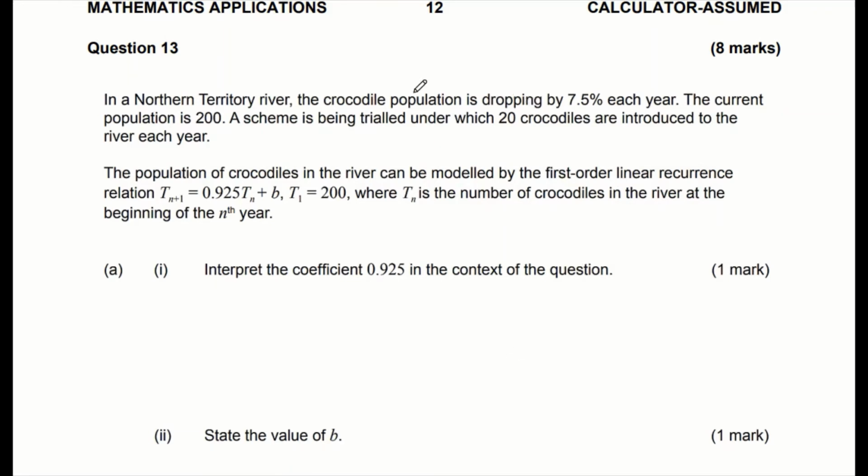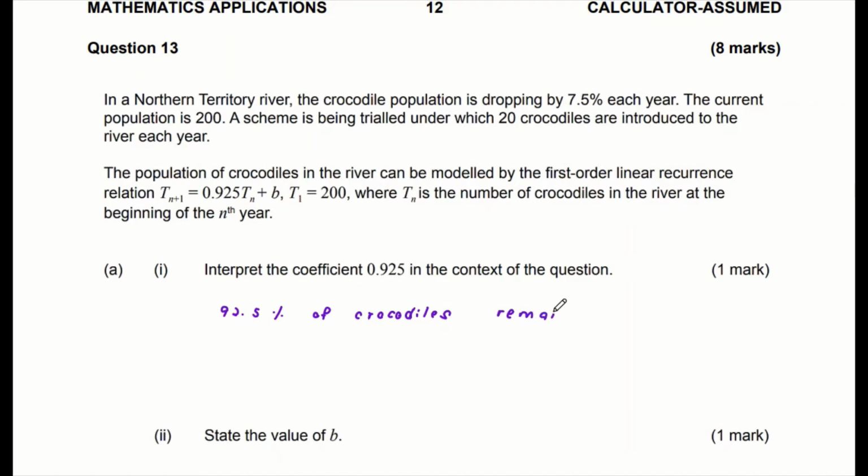So which means in this case, you can see that the crocodile population is dropping by 7.5%. So this is how you get 1 or 100% minus 7.5%. Then from there, you can get 92.5%. So when you try to change it to decimal, then you get 0.925. So what is the meaning of the 0.925 here? It actually tells you that 92.5% of the crocodiles remain in the river for each year.